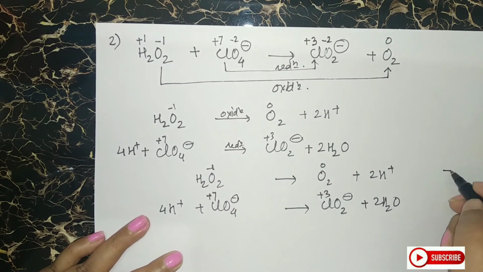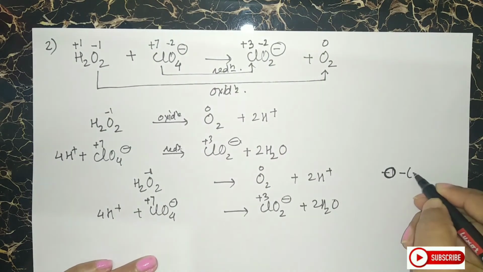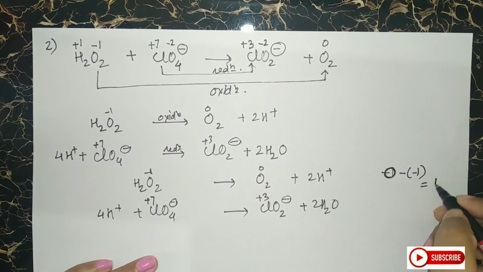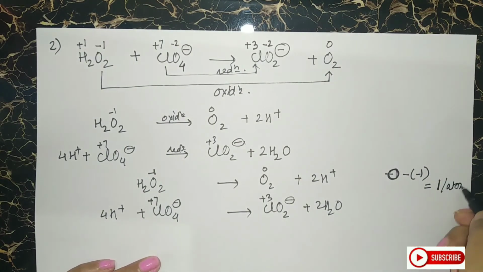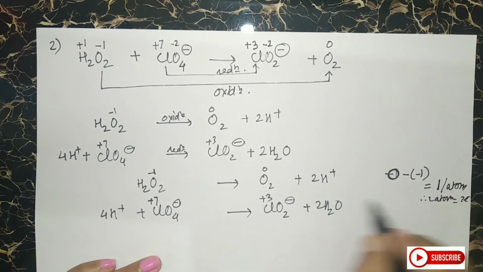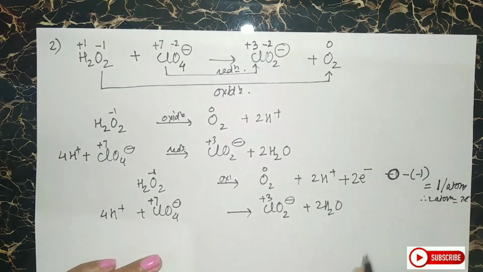Now -1, so it will be 0 minus of -1, so this will become 1. This is 1 per atom, but there are 2 atoms of oxygen, therefore for 2 atoms it will become 2 electrons. This is oxidation, so I will add 2 electrons onto this side.